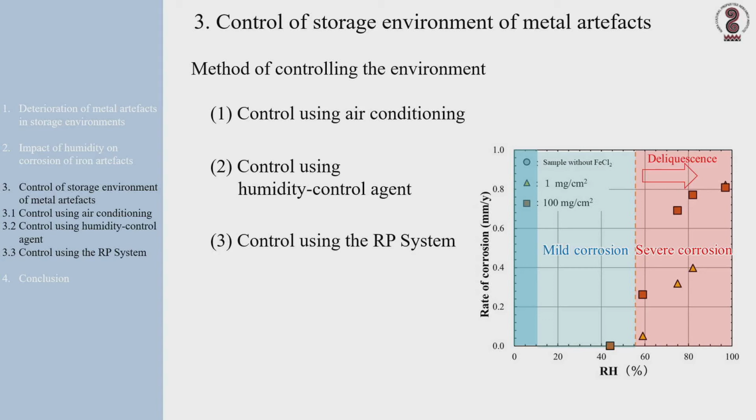The previous slides explained that low humidity environments are suitable for storing metal artifacts, and that it is particularly important to maintain a relative humidity that will not cause salts inside the artifacts to deliquesce. In this section, I would like to explain methods of controlling the storage environment using air conditioning, humidity control agents, and the RP system with actual measurement data on the environment.